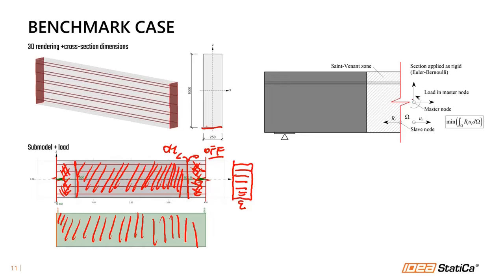What about the application of the forces? So what you are doing, you are just applying the force here. So here is just a reference point, and the reference point and the end of the edge of the non-analyzed zone are mapped with RBE2, which are basically rigid links.